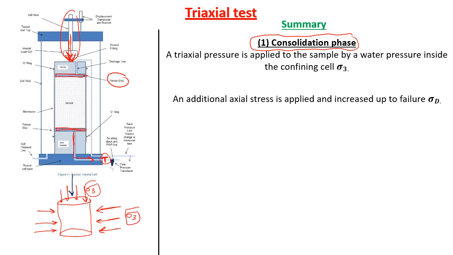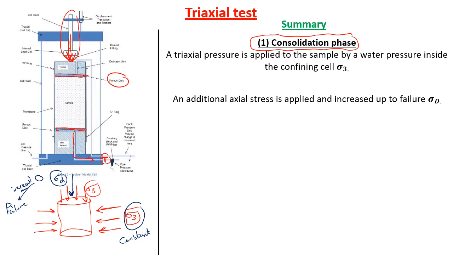Its value at failure is called sigma d, or sigma deviatoric. This axial stress begins from a 0 value and is increased up to failure. However, the value of sigma 3, the confining pressure, is constant during the test.